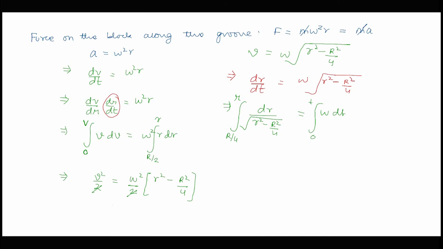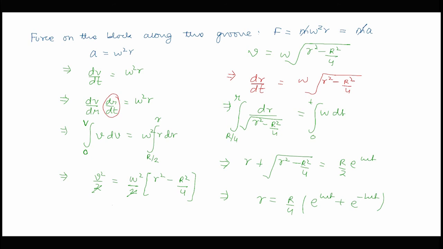So if we solve this expression, we will obtain it as r plus root over r square minus r square by 4 is equal to r by 2 e to the power omega t, and the final expression for r can be written as r by 4 times e to the power omega t plus e to the power minus omega t.